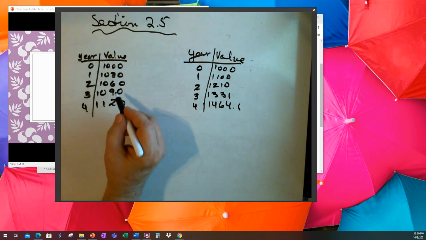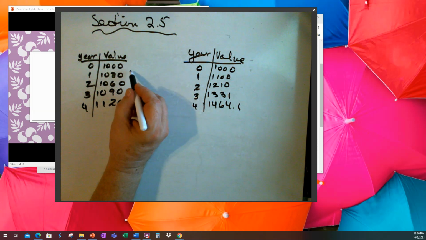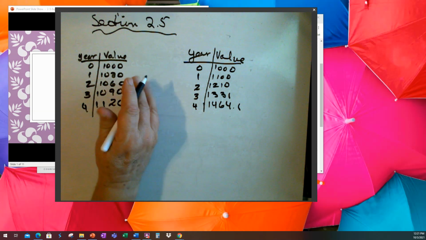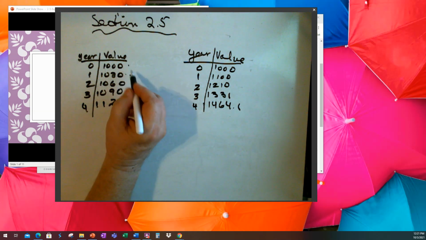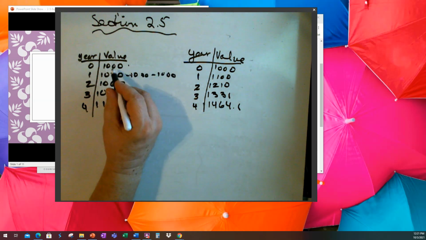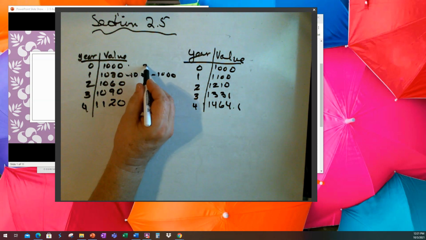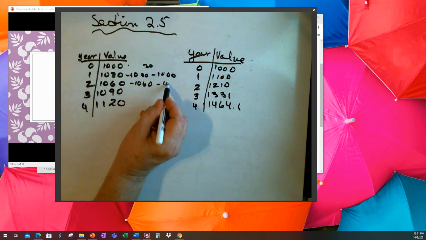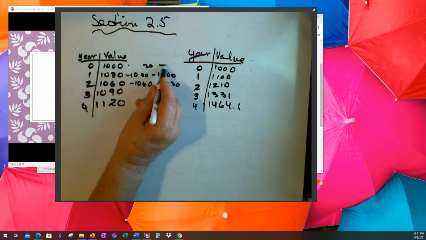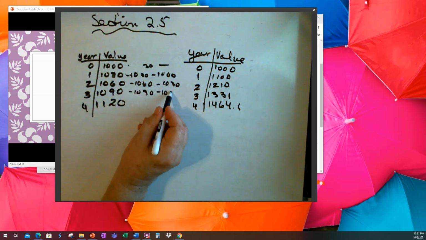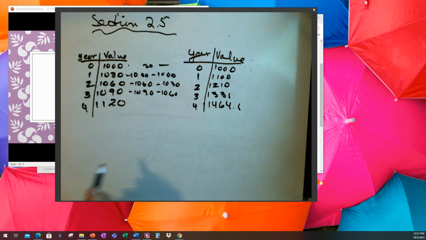If we look at a sequence here, I'm going to try a couple of things to see if I can predict what's going on. If I take this and subtract the previous, 1030 minus 1000, I get 30. 1060 minus 1030 is the same 30. 1090 minus 1060 is 30.